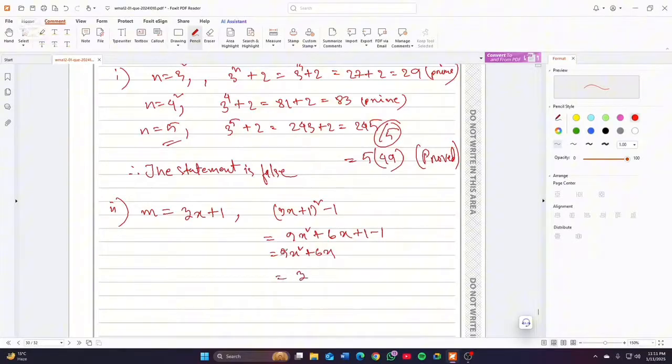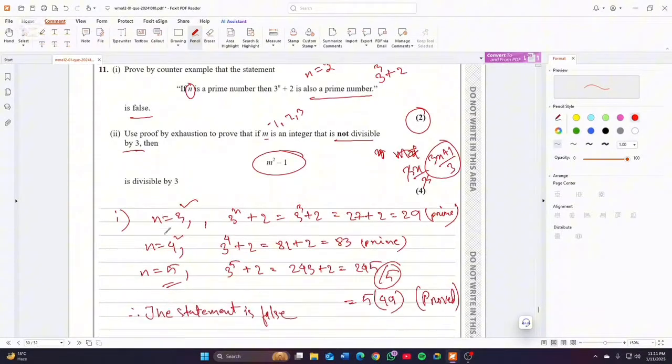We can take 3 common from them, and this will be 3 times 3x squared plus 2x. So this is definitely divisible by 3, since 3 is coming out as a common factor. Therefore this is divisible by 3. So this is correct.